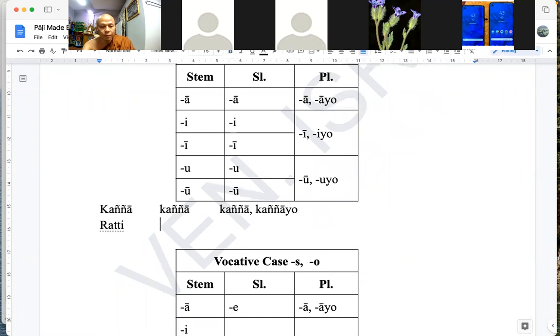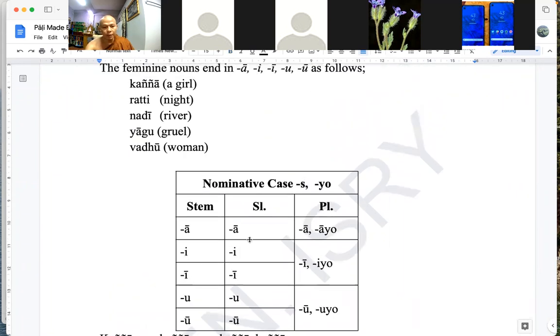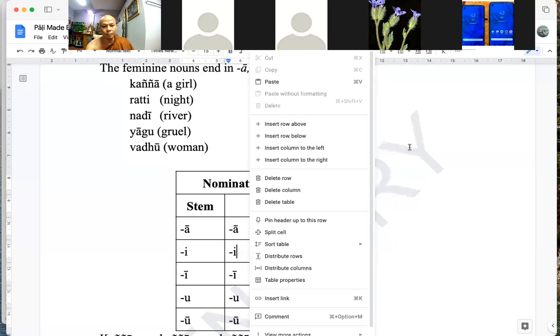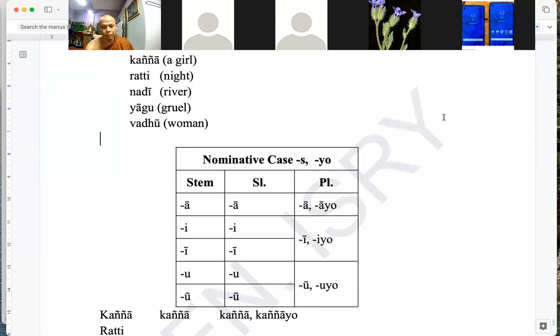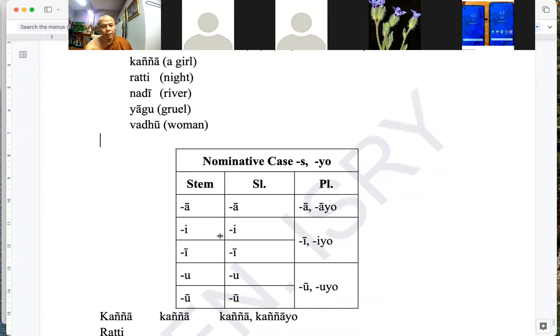So for the Rati, ending in the I. So ending in the I, Rati. Here singular also no more change, like the masculine, neuter, and feminine. So all of them, I, U, they never change in the singular forms.